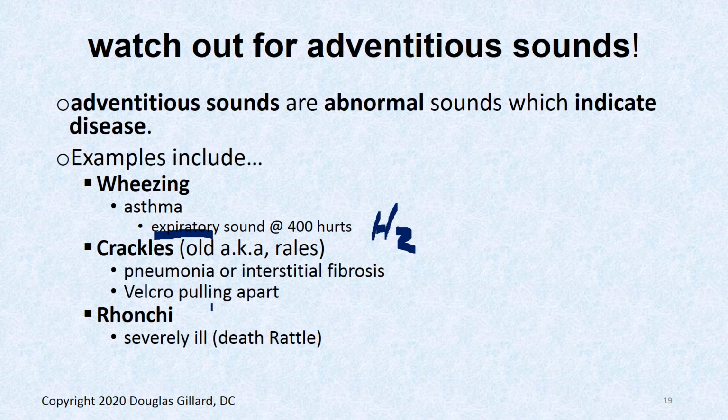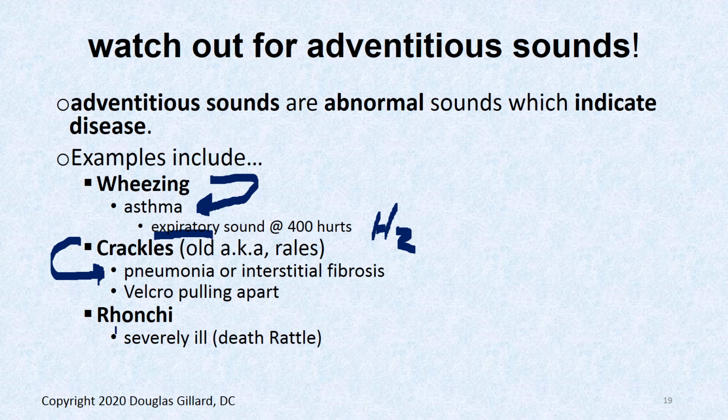They could be heard on inspiration or expiration, actually. There's two different types of crackles. Pneumonia, so wheezing, think asthma. Asthmatics wheeze. Crackles, classically you should think pneumonia, even though interstitial fibrosis actually has more chance of developing crackles, but it's not a very commonly known one.